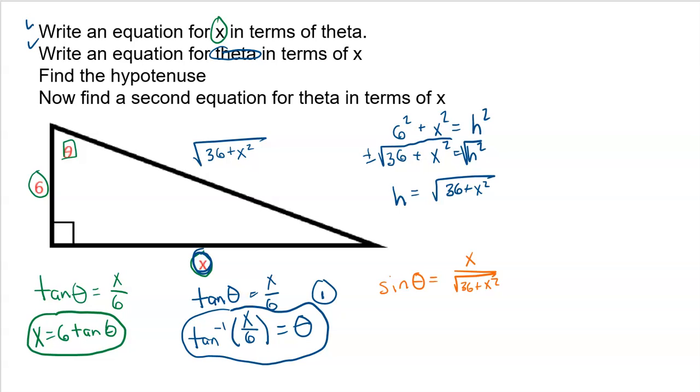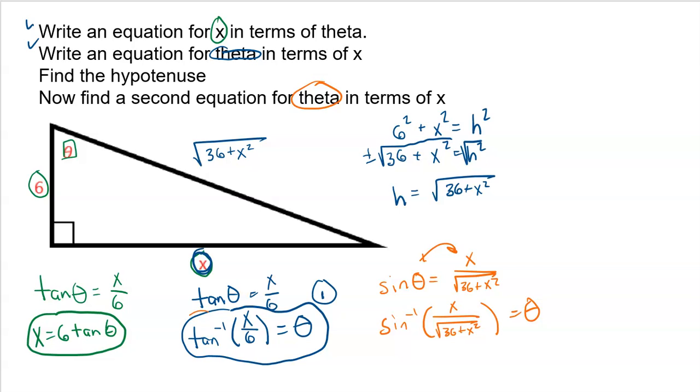And to solve for theta, because I wrote an equation for theta, I'm going to have to pull the old switcheroo, switching my input and my output. So sine inverse of x over the square root of 36 plus x squared equals theta. There you go.